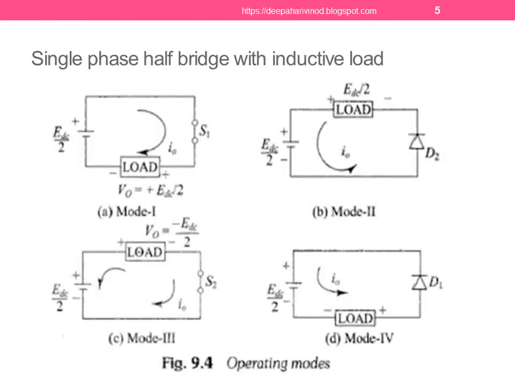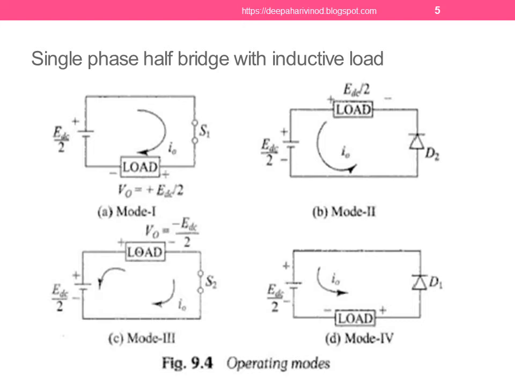Single phase half bridge with inductive load, that is, in the load we use an inductor, that's why it is inductive load. In the previous one it was resistive load. To explain this, the complete operation is divided into 4 intervals: mode 1, mode 2, mode 3, mode 4.